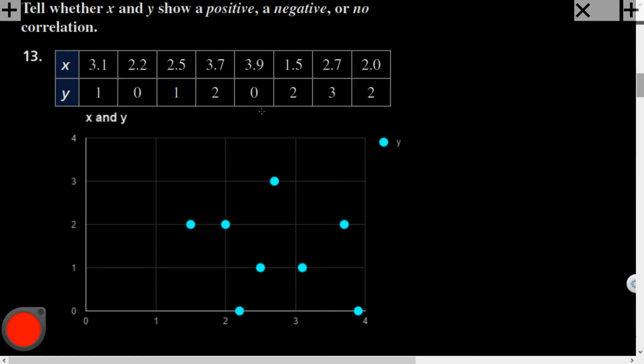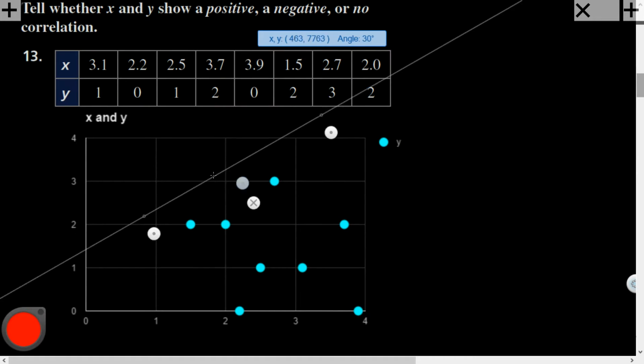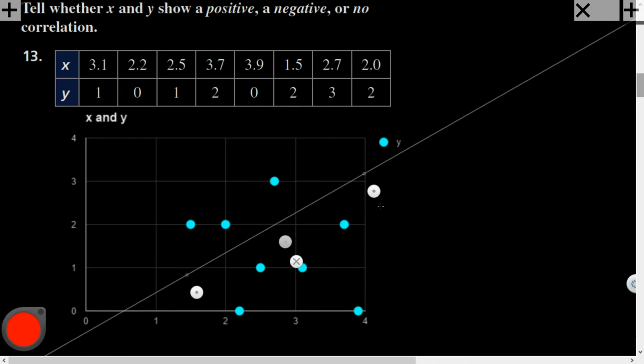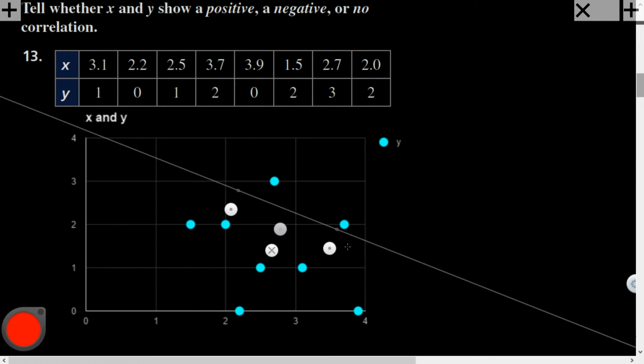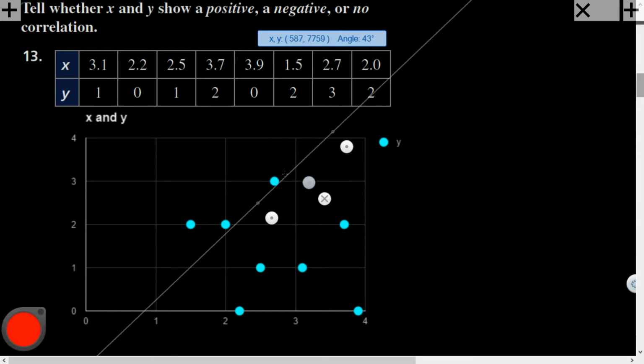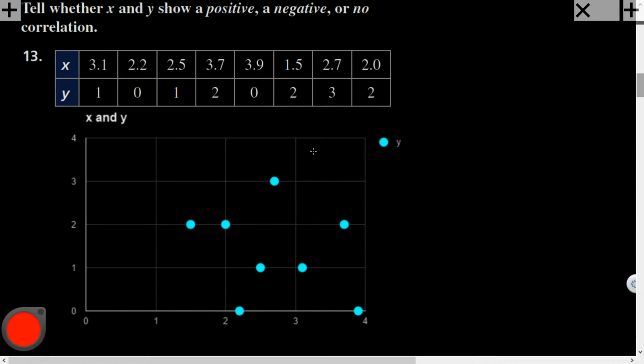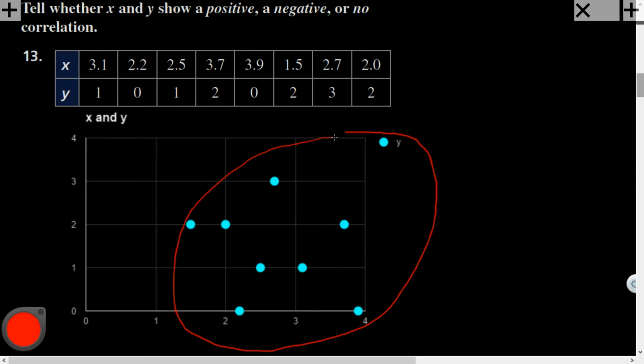Now, looking at this data, does it appear to have a positive, negative, or no correlation? Like if I tried to draw a line that represented this, no, I can't. These points are all over the place, right? I can't really find a line that represents them. One of the ways I described it yesterday is if you try to draw a football, your best fit line would be kind of like connecting the endpoints of the football.